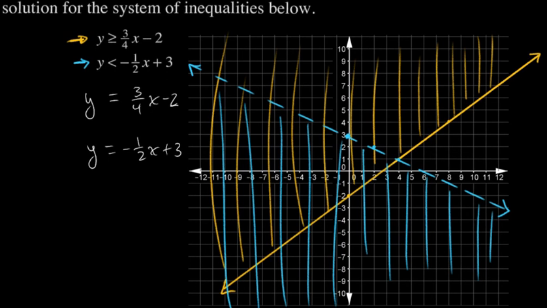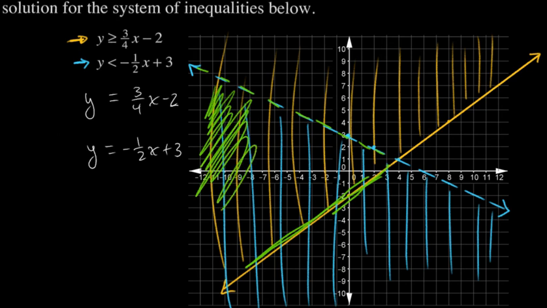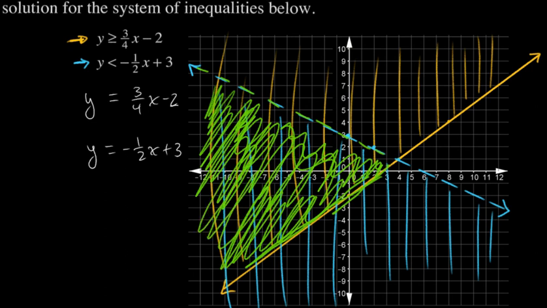If I highlight that region, it does not include this dashed line, but it does include this solid line here, and everything in between. I'm getting this aggressive coloring job here today. All of these x-y pairs that live in this region are solutions.